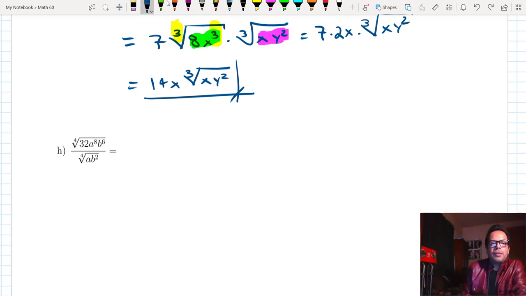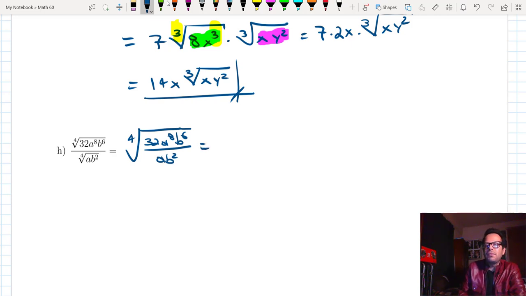All right, so this is going to be the fourth root of 32, a to the 8th power, b to the 6th, divided by ab squared. Okay, so let's simplify the expression inside of the radical. So 32 is just going to be 32.